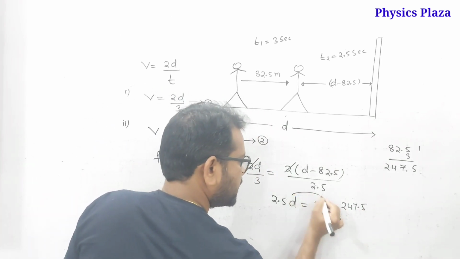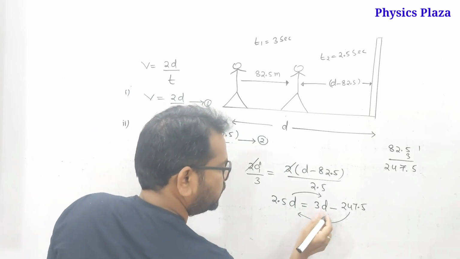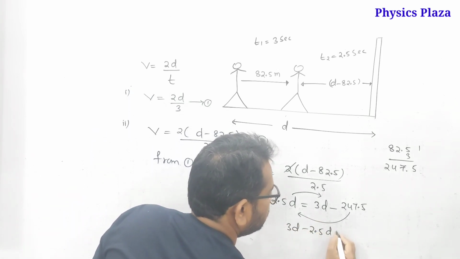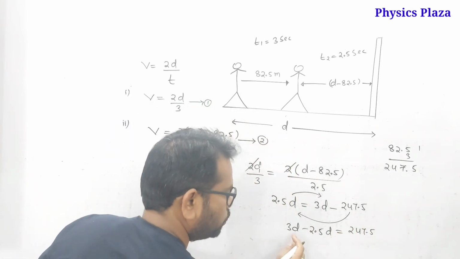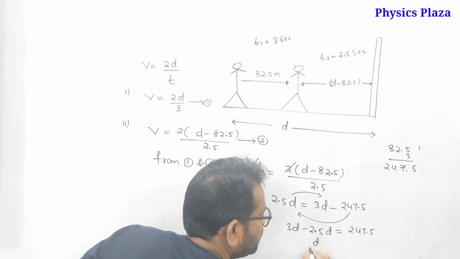Now transpose this, get this side, and this has to be this side. So 3d minus 2.5d is equal to 247.5. So 3d minus 2.5d is 0.5d.